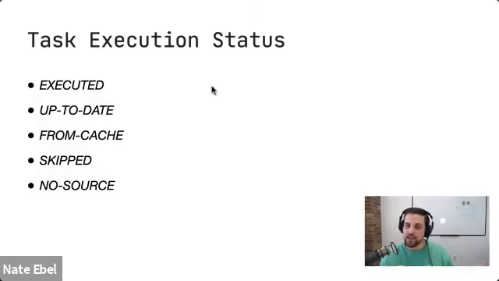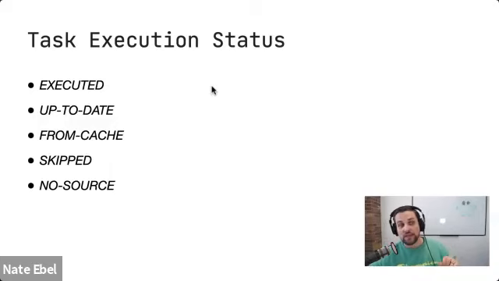It could be up to date, which means it didn't need to run because its input hasn't changed, which means its output's not going to change. It could be from the cache, which means it needed to run, but its output was already available in the cache. So rather than rebuild that, it just grabs it from the cache and uses that instead. Or it can be skipped if you're not needed, or no source, meaning you weren't really touched, you weren't part of the task graph in any way. And so you're basically just ignored.